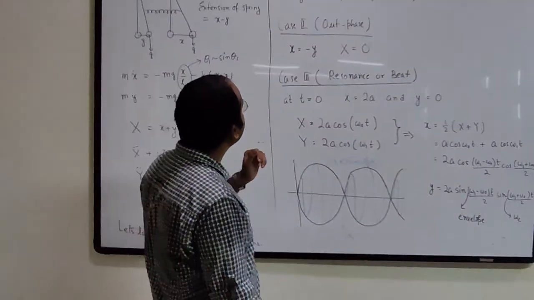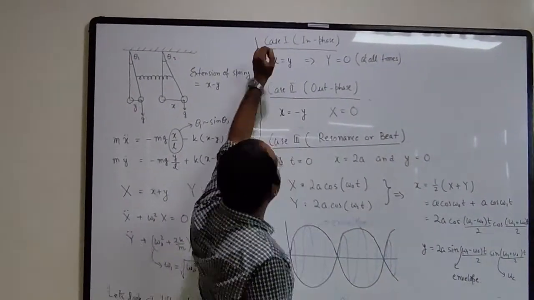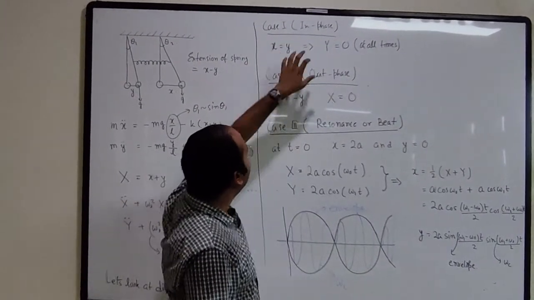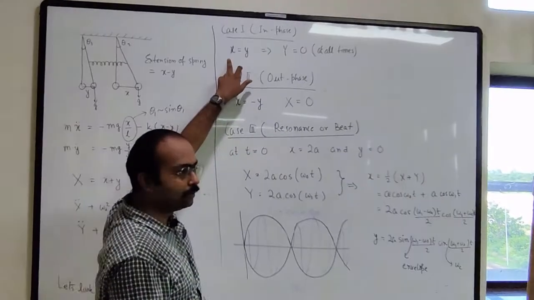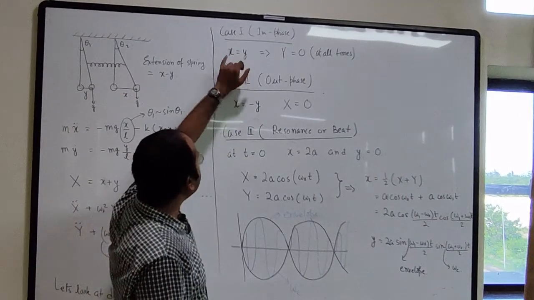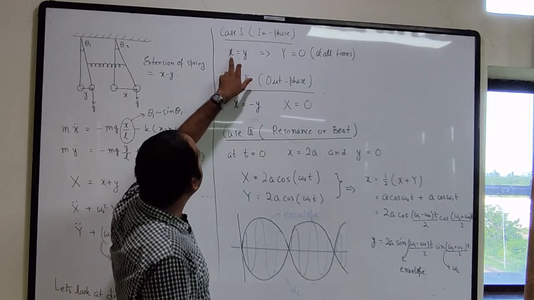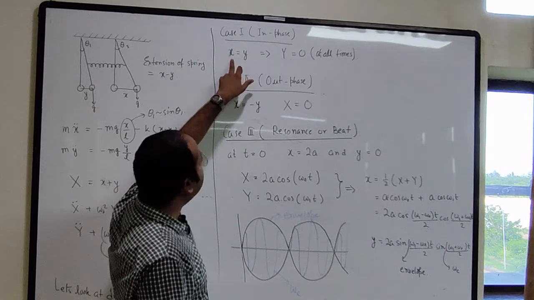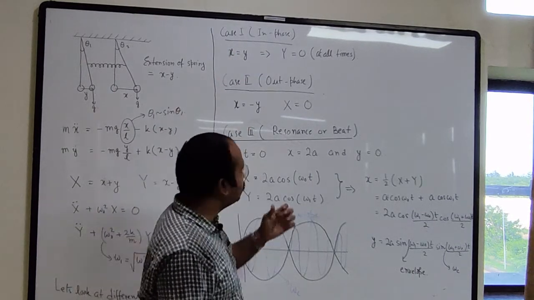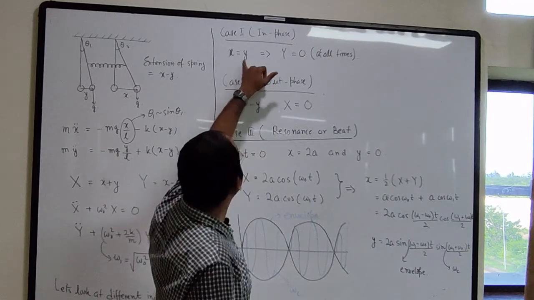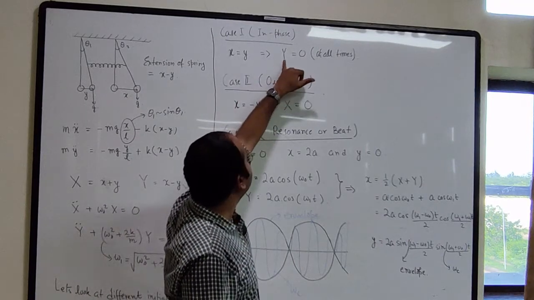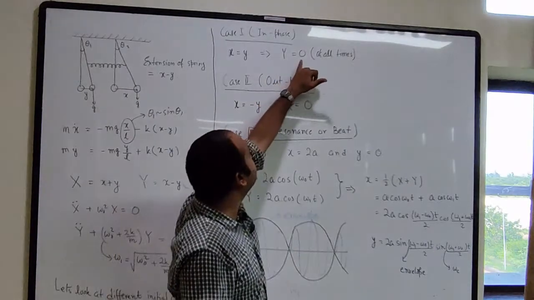Let's say this is case 1, which we will call the in phase, where at time t equal to 0 you choose your coordinates x and y such that x is equal to y. This basically means that the big Y, the relative coordinate, is 0.